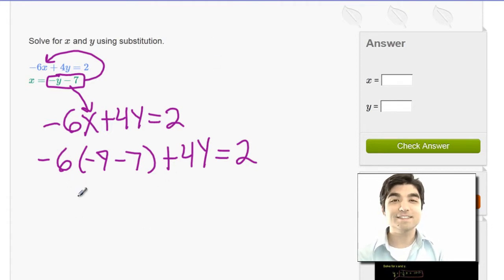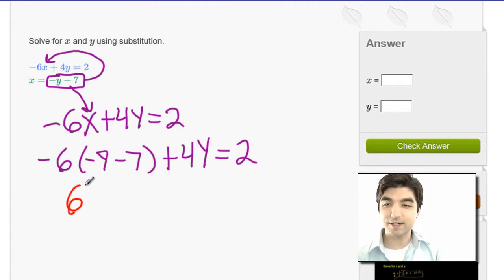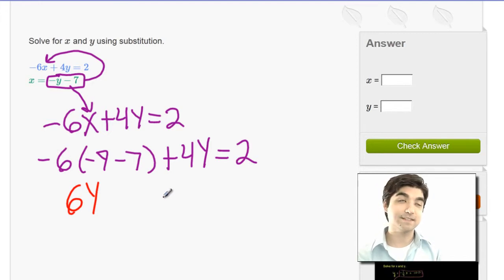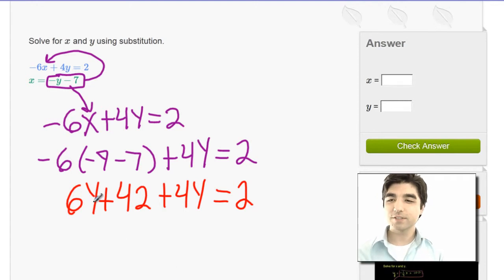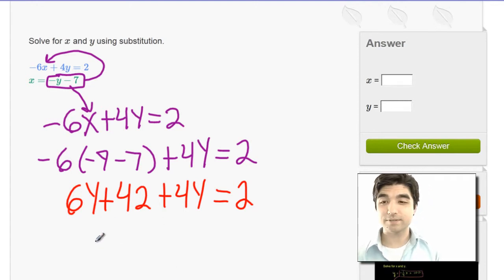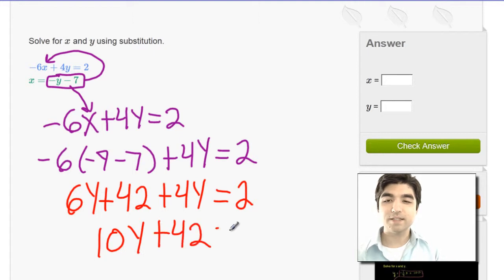Okay, so we got negative 6 times negative y equals 6y. Negative 6 times negative 7 equals plus 42. And then plus 4y equals 2. So we got 6y plus 4y equals 10y, plus 42 equals 2.